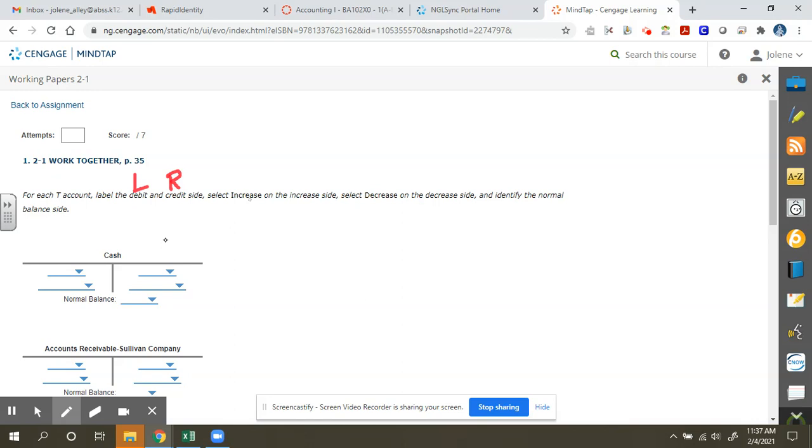Now it says select the increase side and the decrease side. The normal balance is the increase side. It's one and the same. One and the same. And this is going to be the opposite. The opposite of the increase side.